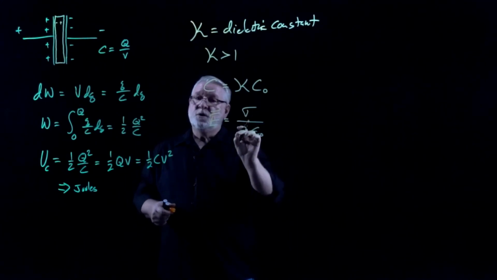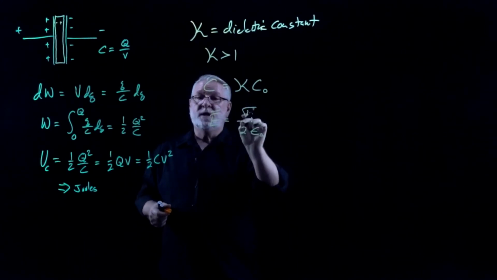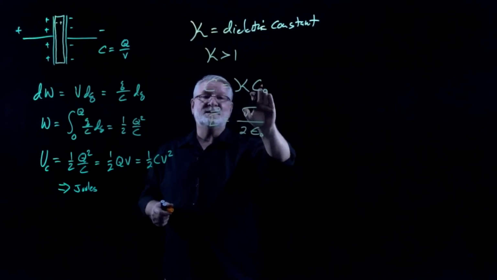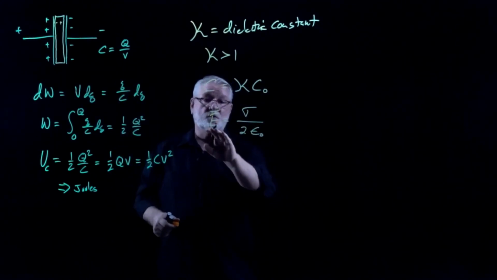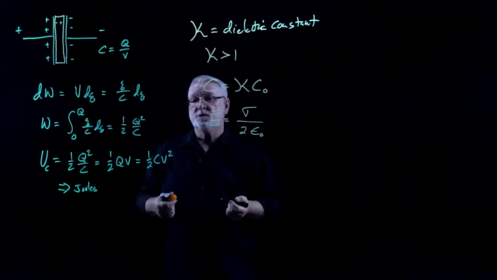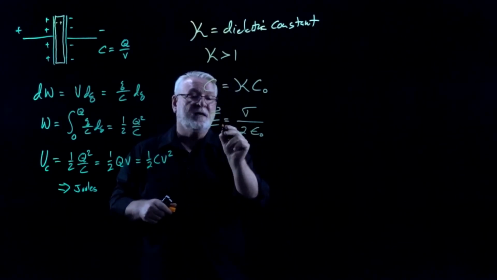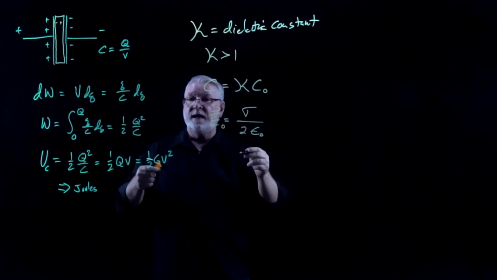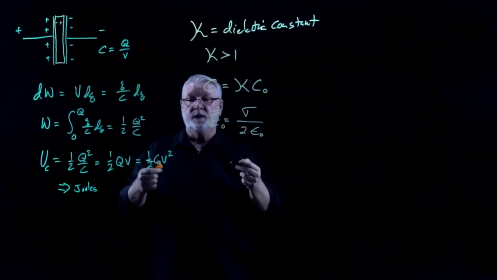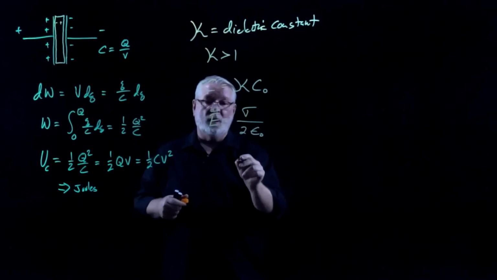Well, in order to take kappa into account, we know that while the capacitance increases with the addition of a dielectric, the voltage decreases, and of course the electric field strength goes as the voltage. So this would be E naught, which is the electric field had we not had any dielectric in place. And of course, you can see where we'll have to insert it.